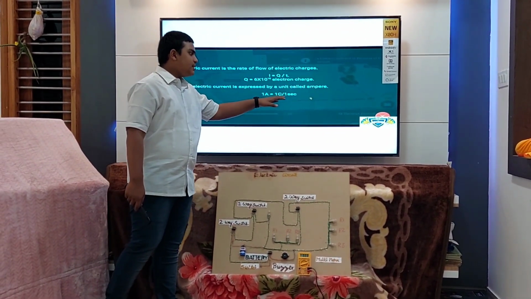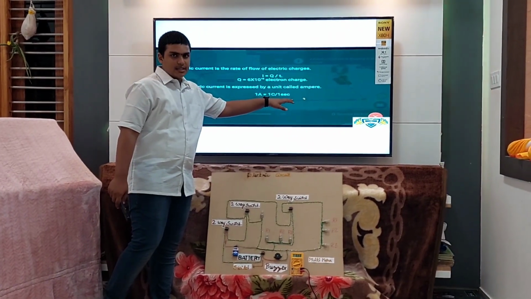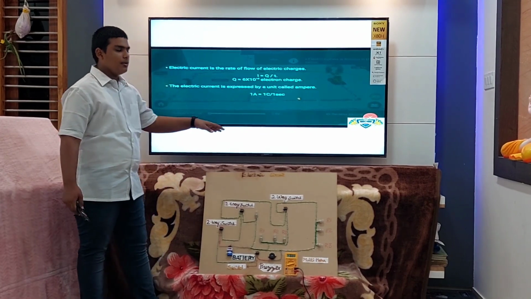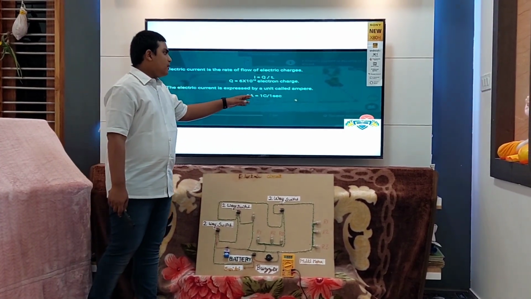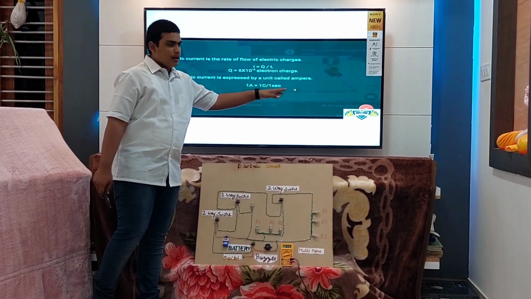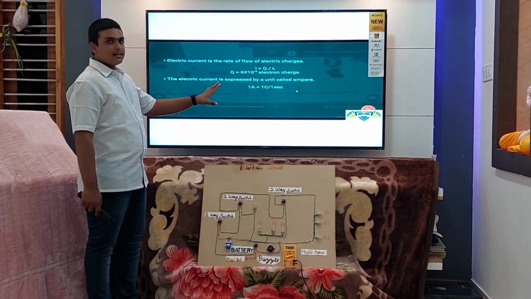Here 1 ampere is equal to 1 coulomb per second. Here 1 ampere is equal to 1 coulomb by 1 second for the electric current.